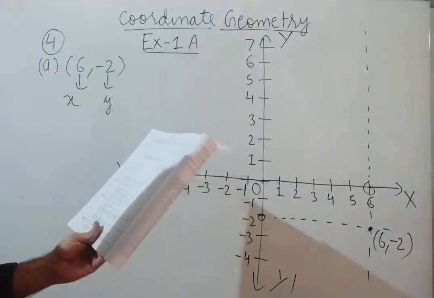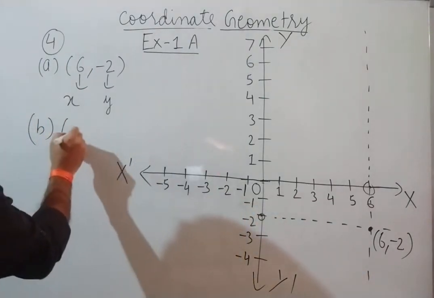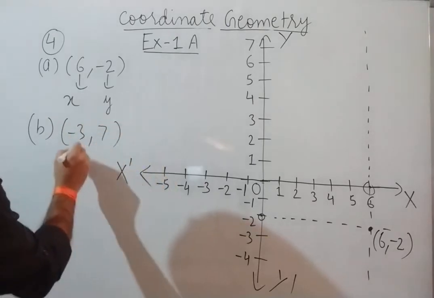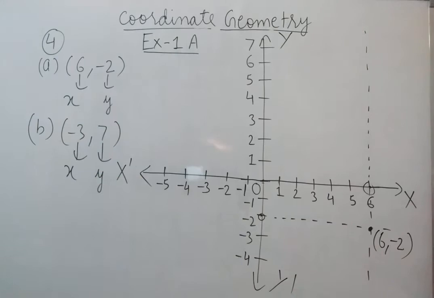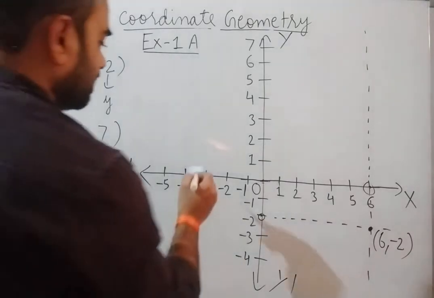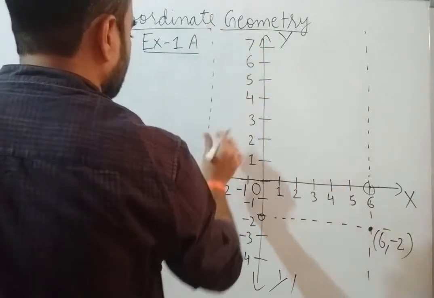Next point is minus 3, 7. It means the first value is the x coordinate, abscissa, and the second value is the y coordinate. So x is minus 3, correct?